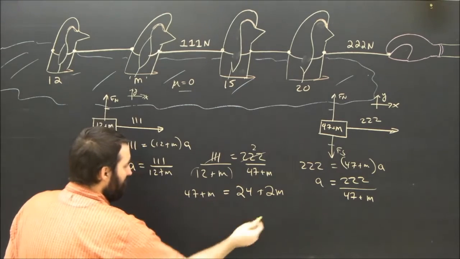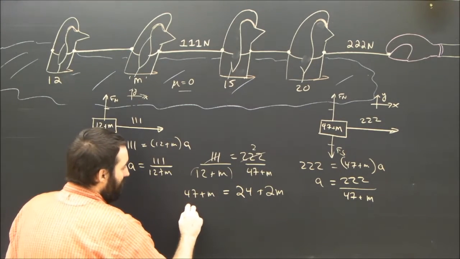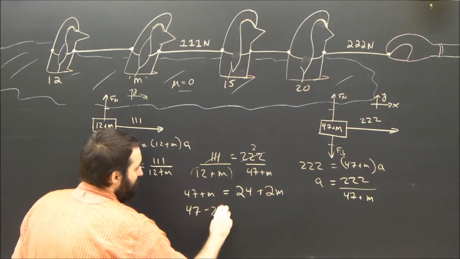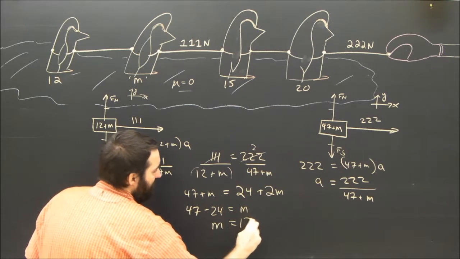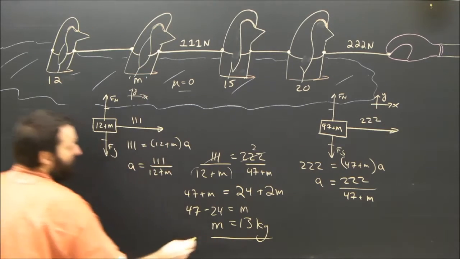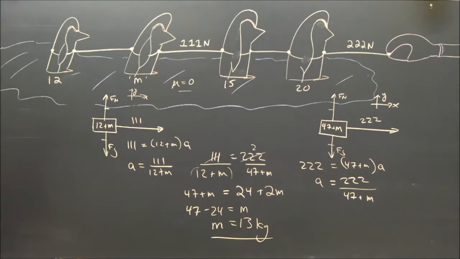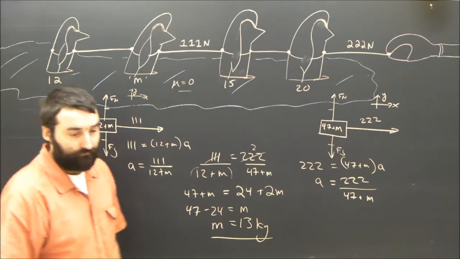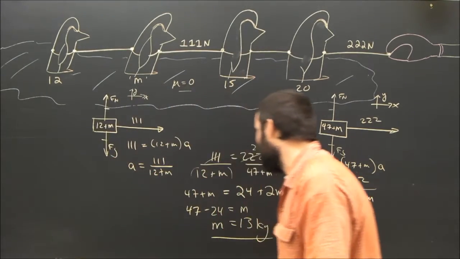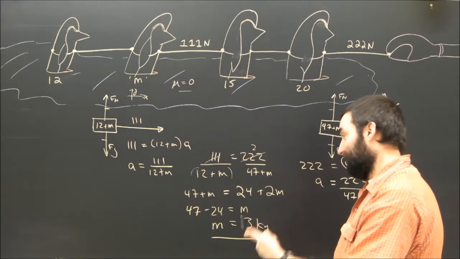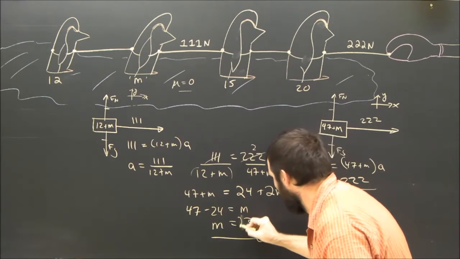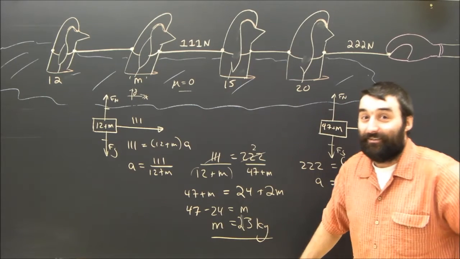Move my m over here, move this over here. I get 47 minus 24 equals m. So the mass is going to be equal to, sorry, 23 kilograms. 47 minus 24. 23 kilograms.